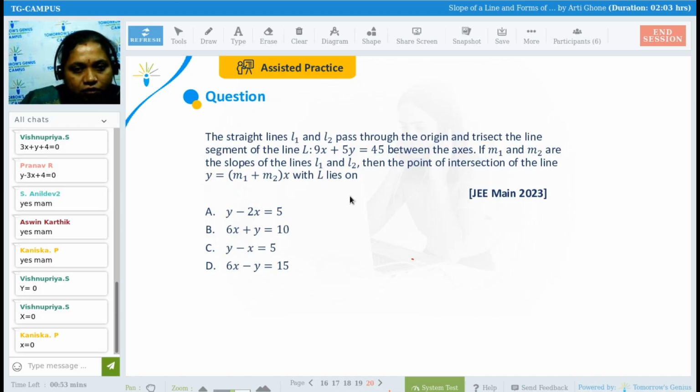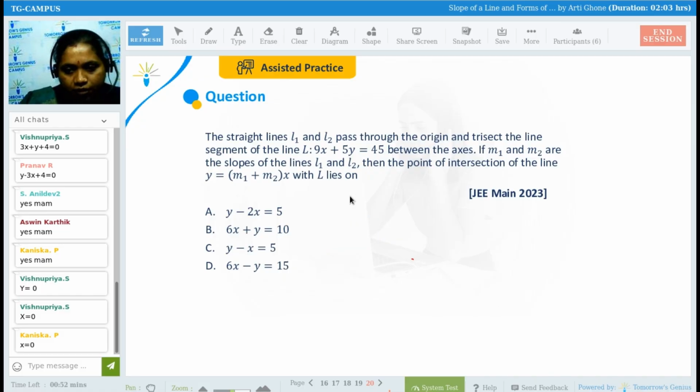Let's draw the geometry first. What is a trisection? L1 and L2 pass through the origin and trisect the line segment. I will consider the geometry for the origin.